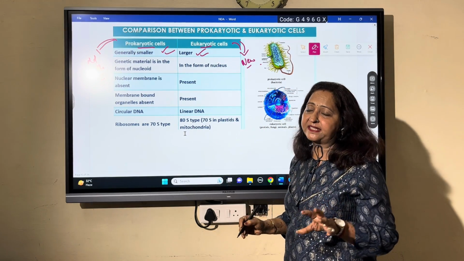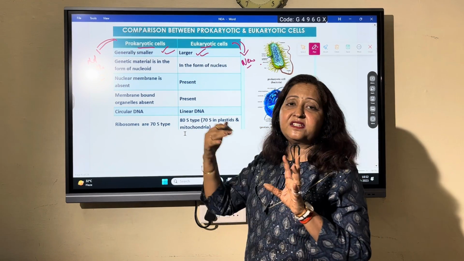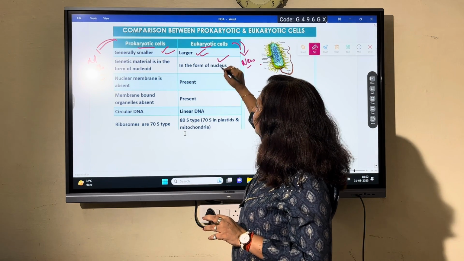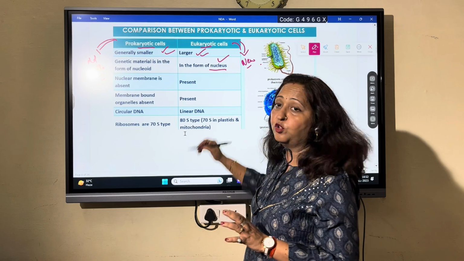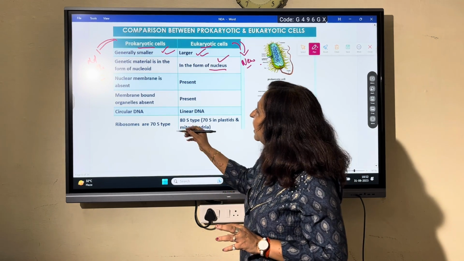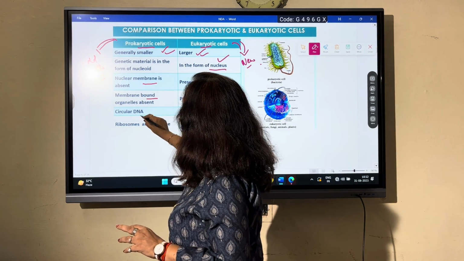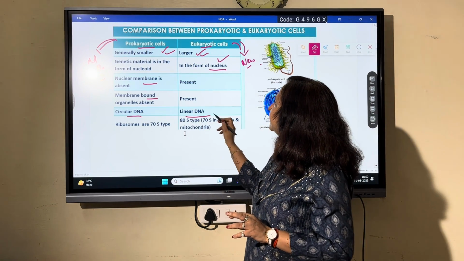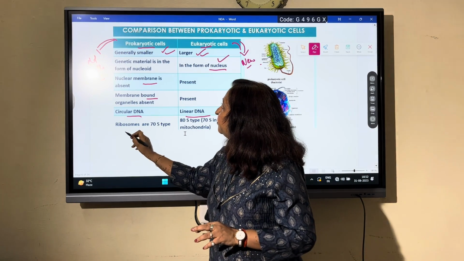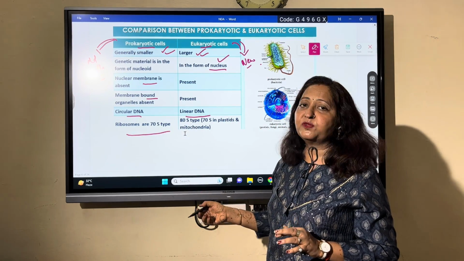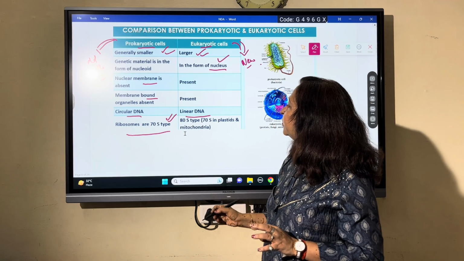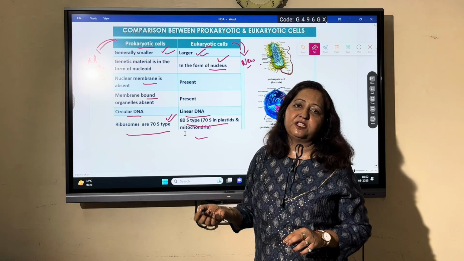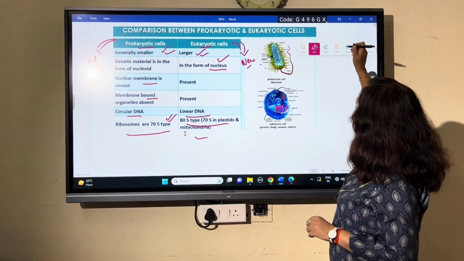In prokaryotic cell there is no nucleus, and as there is no nucleus, no nuclear membrane is there. Whereas in eukaryotic cell, nucleus and nuclear membrane are there. In prokaryotic cell, circular DNA is there, in eukaryotic cell, linear DNA. In prokaryotic cell, ribosomes are 70S, in eukaryotic cell, 80S. So these are some of the differences between prokaryotic and eukaryotic cell.